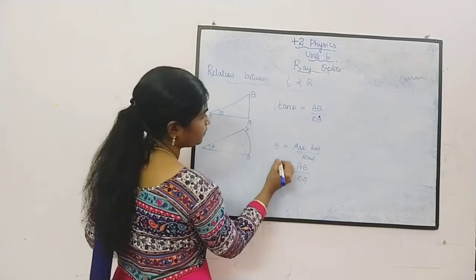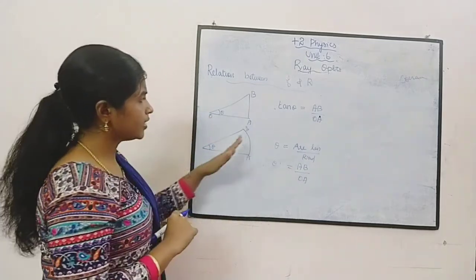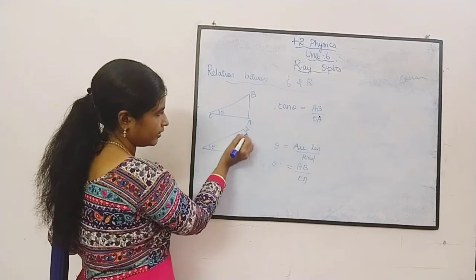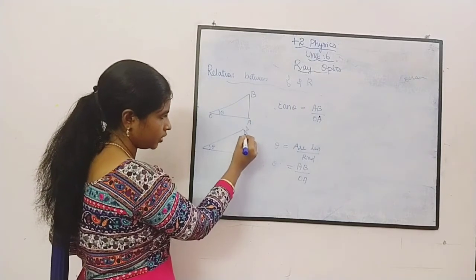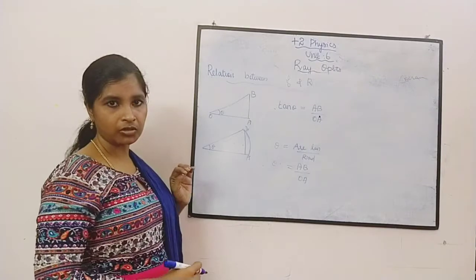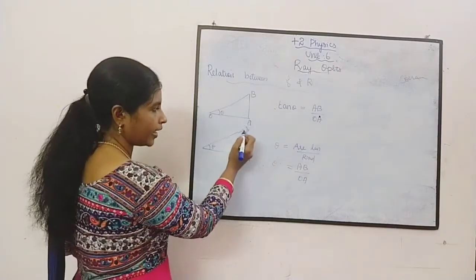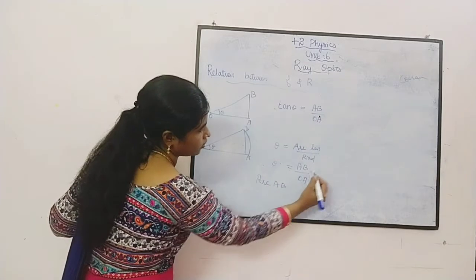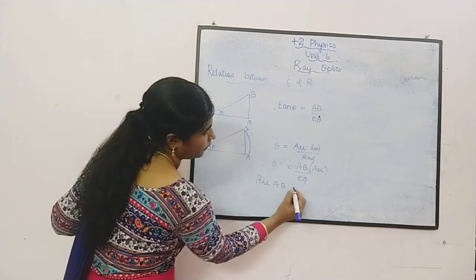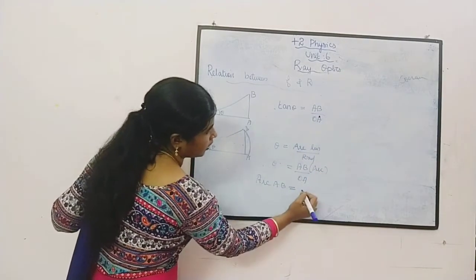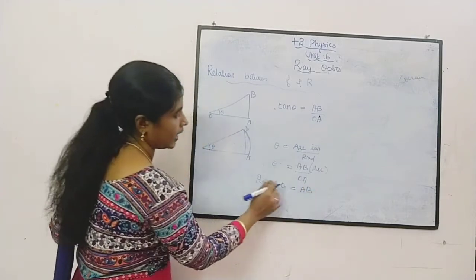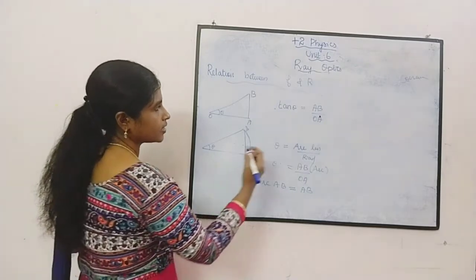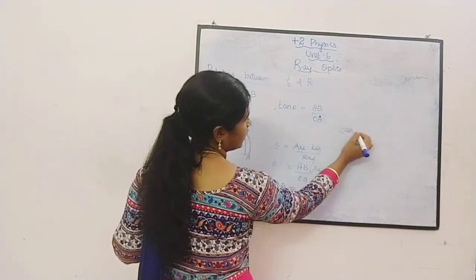When this angle is very small, it will look like this. Understood? When this angle is very small, I can write that arc AB is equal to AB. Arc AB and AB are equal, so I can write tan theta will become theta.